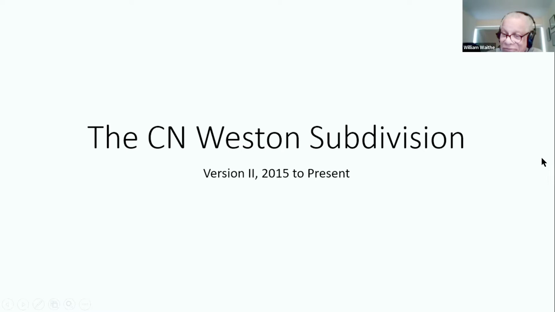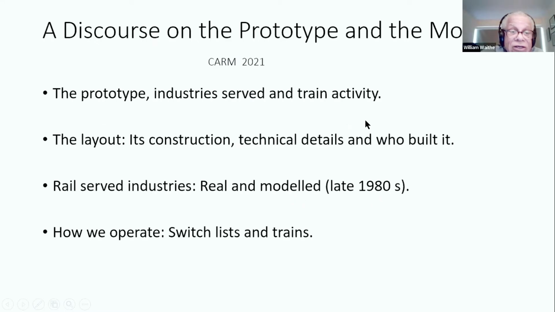To reiterate, so as was mentioned, this was when I looked at the areas, this was the origin of the CN Weston sub. So in this presentation, I will first show some images that I've taken of the prototype industries and talk a bit about the rail activity and the trains that were run in the late 1980s.